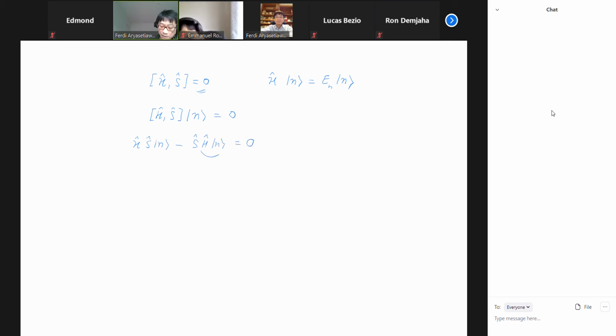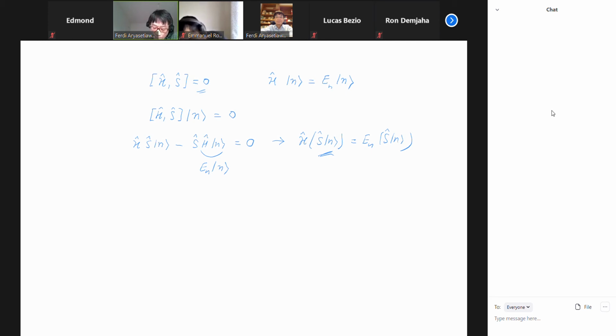So this thing is just En times the eigenstate, and so that then implies that H S n is equal to En S n. So the rotated state, where the rotation is done by the symmetry operator, is also an eigenstate of the Hamiltonian with the same eigenenergy.